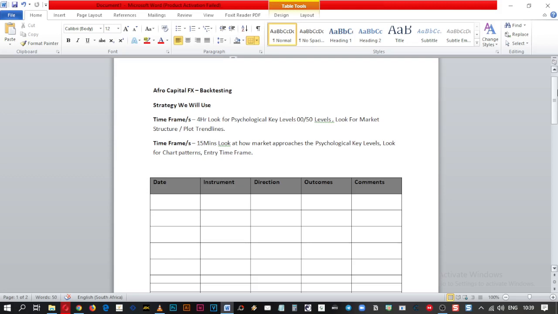The other time frame we're using is the 15 minutes. With this way of trading, we're only using two time frames: 4 hours and 15 minutes.